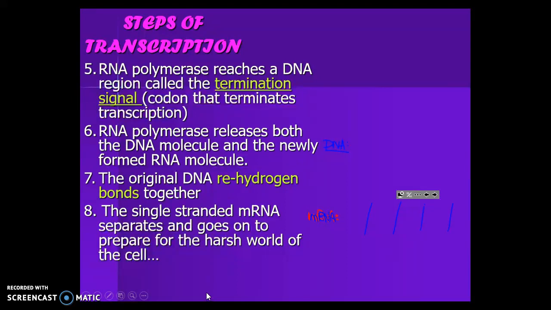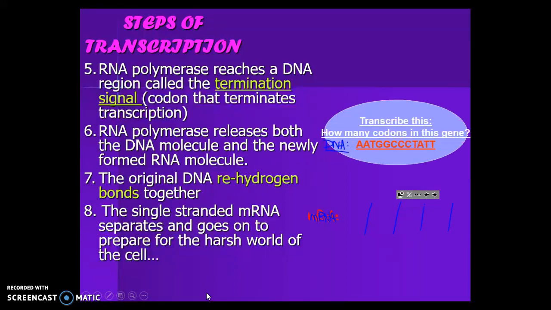So we're now on page 10 in our note packet, and there's an example for you to transcribe on your sheet. The code reads AATGGCCCTATT. Go ahead and take the next moment and transcribe that DNA strand.